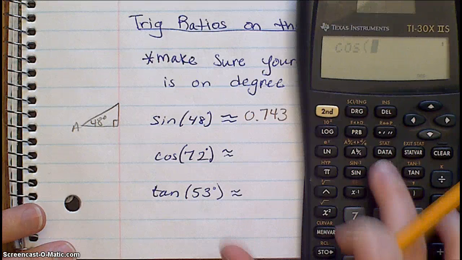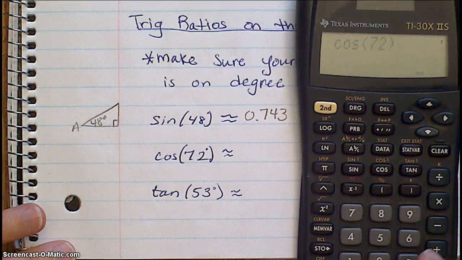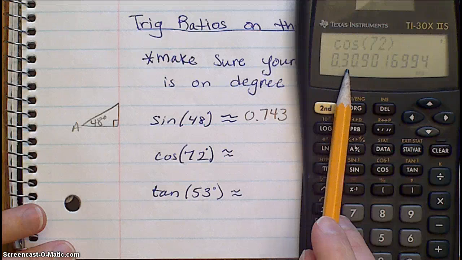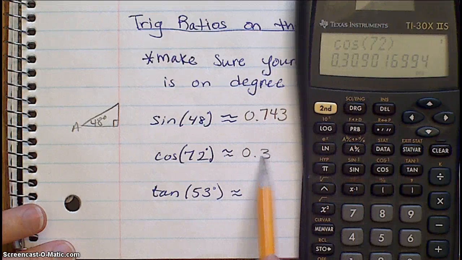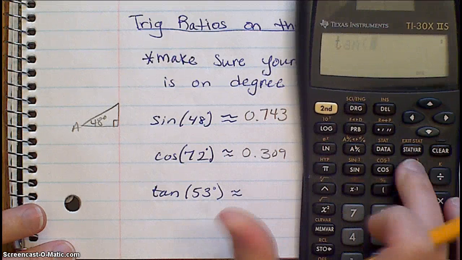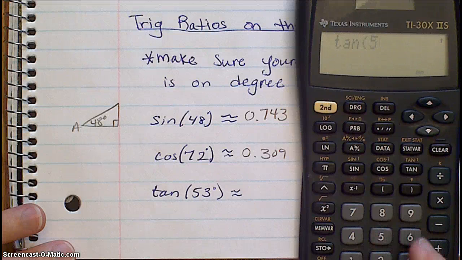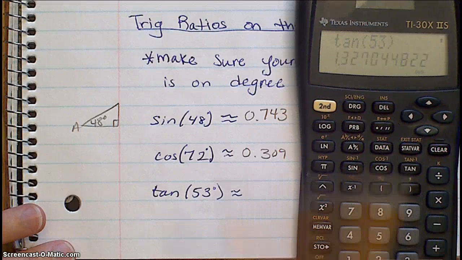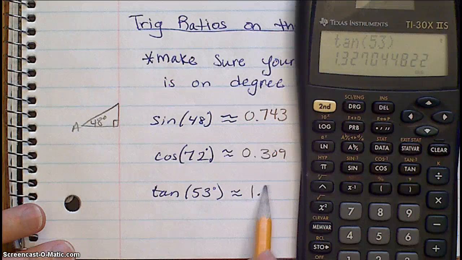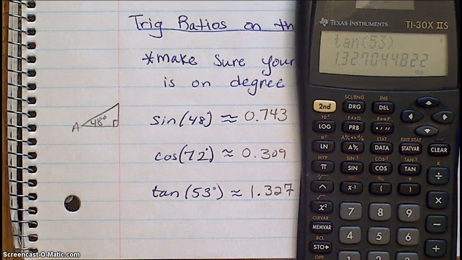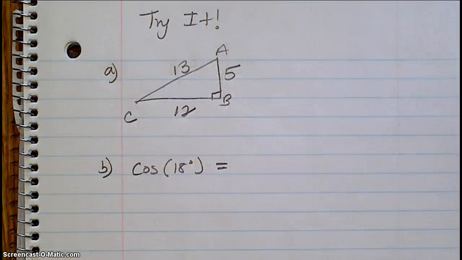The next one is cosine of 72, which is 0.309. And it works the same way for tangent 53, which is 1.327. So that's how you would use your calculator to type the trig ratios right on there.